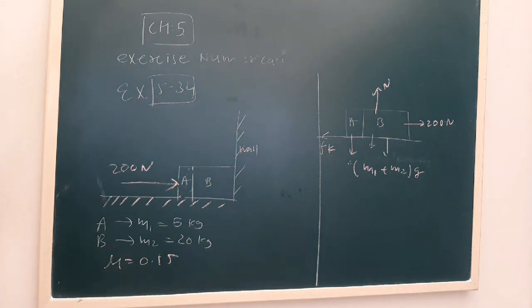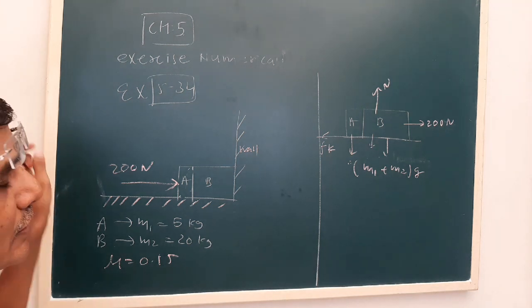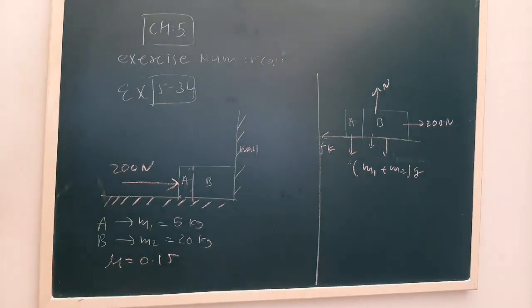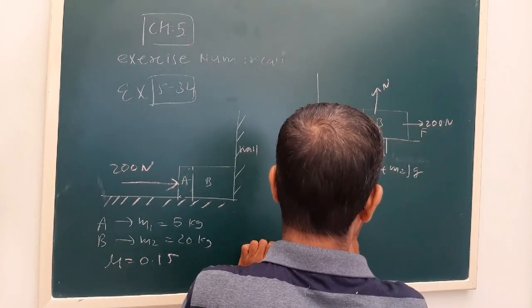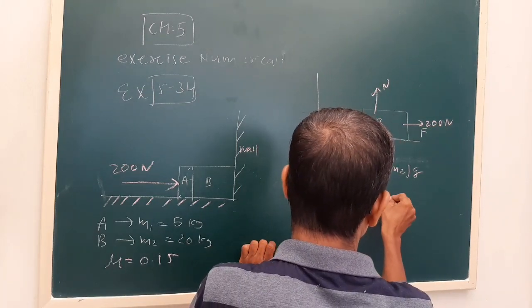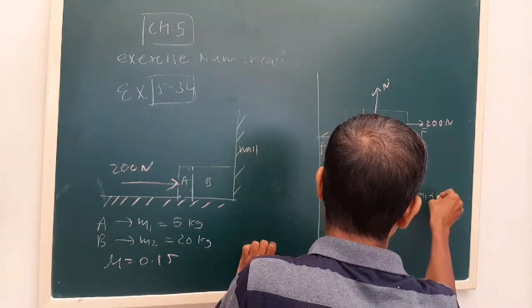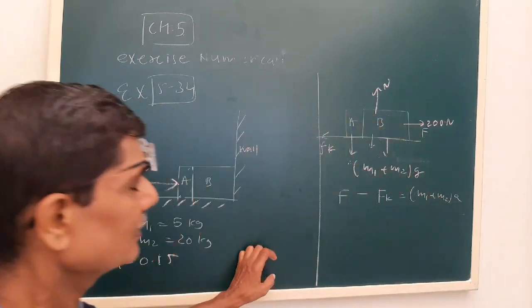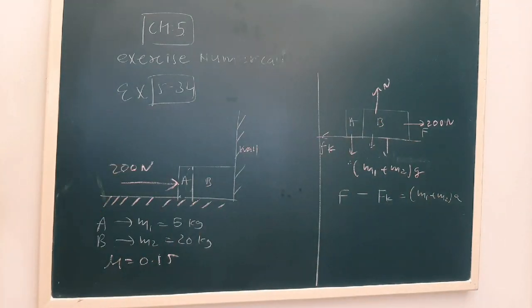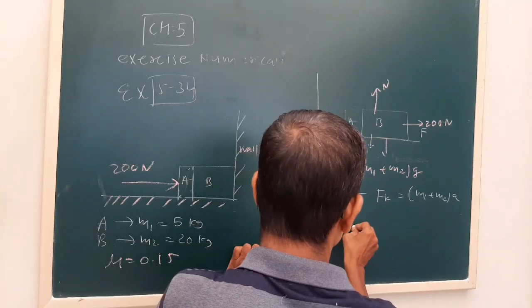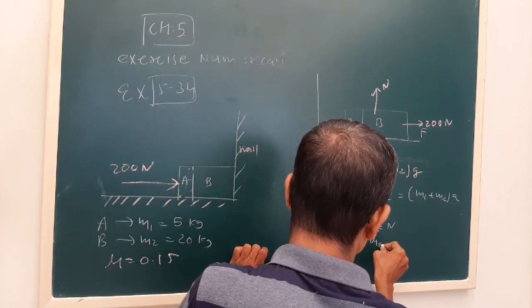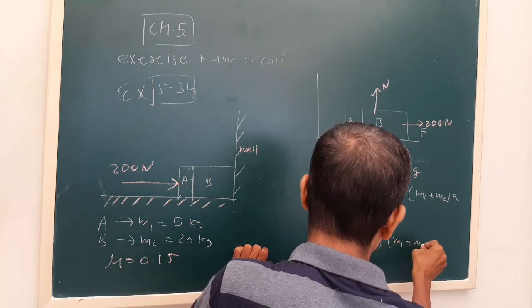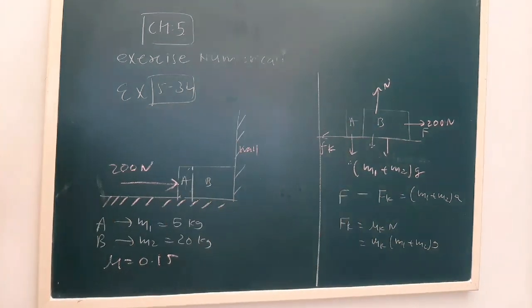Now we use Newton's second law of motion. F is the external force, F minus Fk is equal to (m1 plus m2) into a. Now Fk is mu k into N, and what is N? N is nothing but (m1 plus m2) into g.